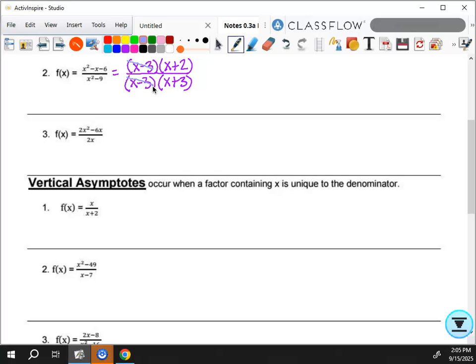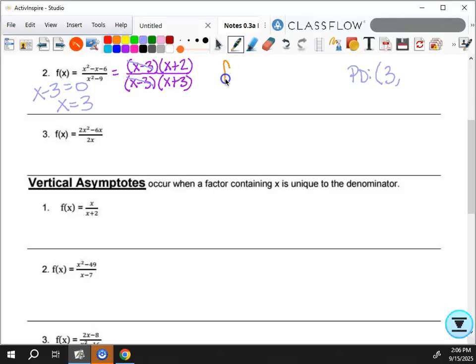So when I cancel something out that tells me I have a hole, I write down x minus 3 equals 0, x equals 3. That means for my point discontinuity, the x value for the hole is 3. All right, everybody good? Okay.